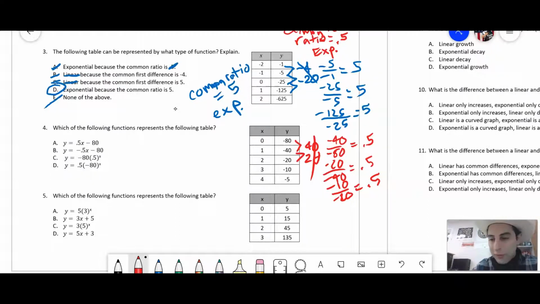Now, this is where we're going to have to use what we remember about equations. We did a Desmos interactive activity on this, and we had it at Khan Academy. The formula is y equals a times b to the power of x. A is your y-intercept.